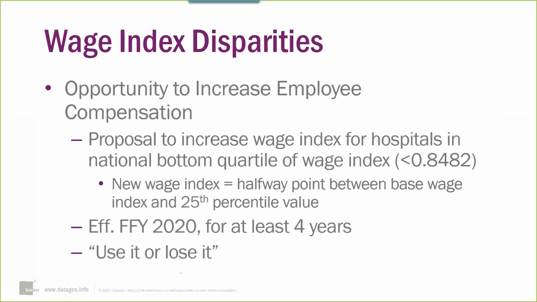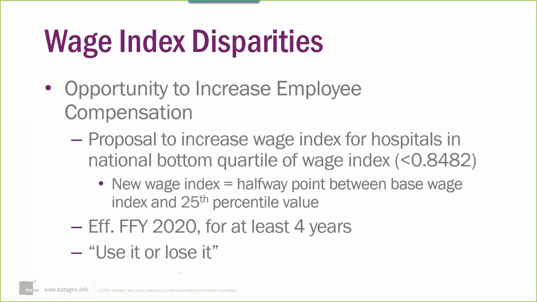This proposal would increase the wage index of hospitals in the bottom quartile of wage values nationally. Their new wage index would be set to the halfway point between their base wage index value and the 25th percentile value, or the average of the two.